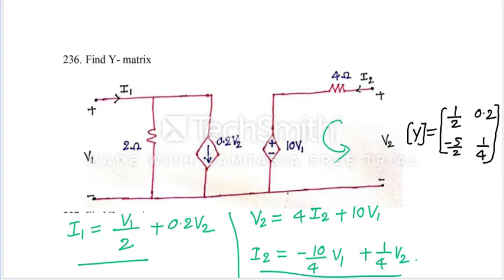And you can see is the network is symmetrical, and what the condition was symmetrical in case of a y matrix, y parameters, y11 must be same as a y22 if it is symmetrical, and then reciprocal y12 is equal to y21, that is a reciprocal. Is it symmetrical? It is not symmetrical and not reciprocal also.